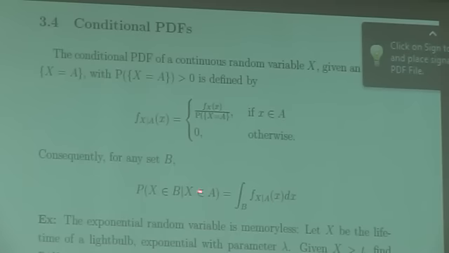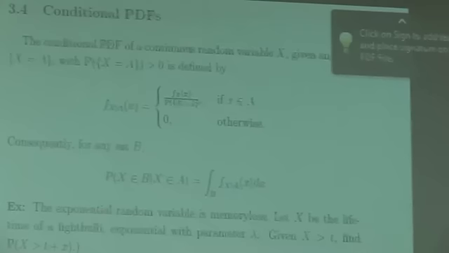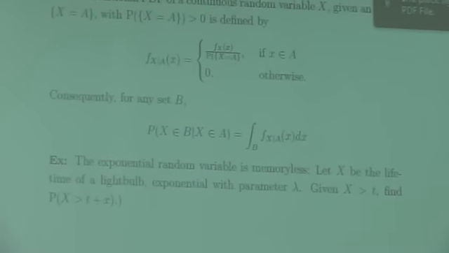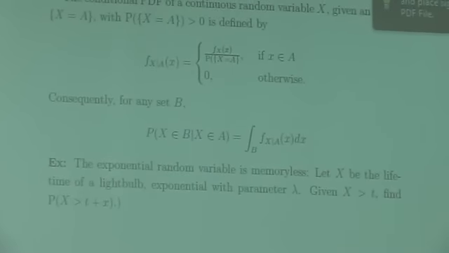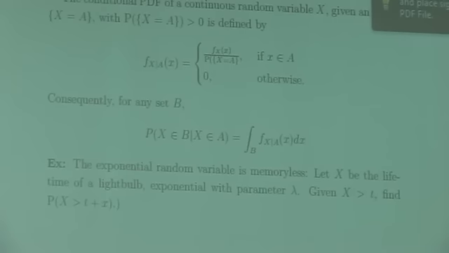Now, if B is outside of A, what should be the result of this? 0, right? Because if x is in A and B is outside of A, then x cannot be in B. So if B is a subset of A, computing this probability will make a lot of sense.